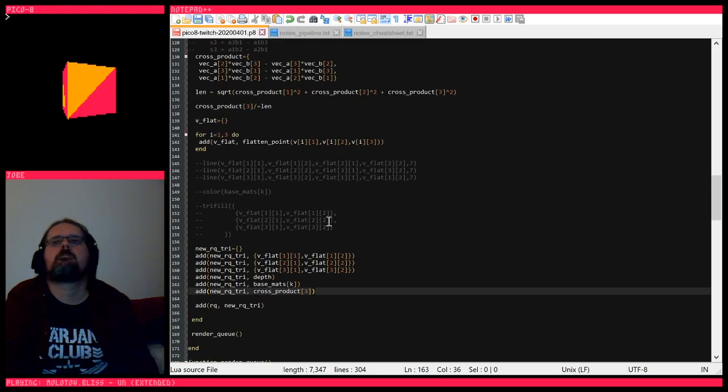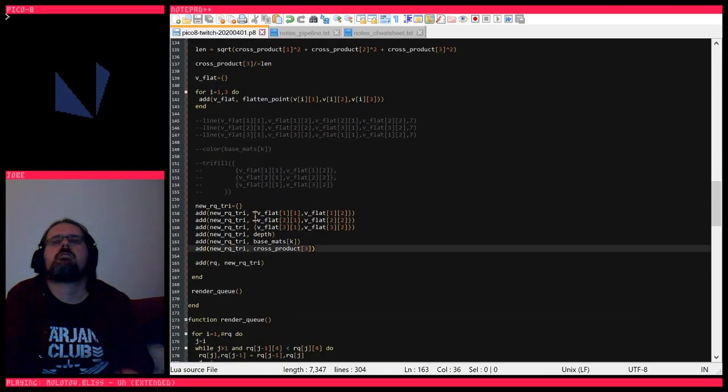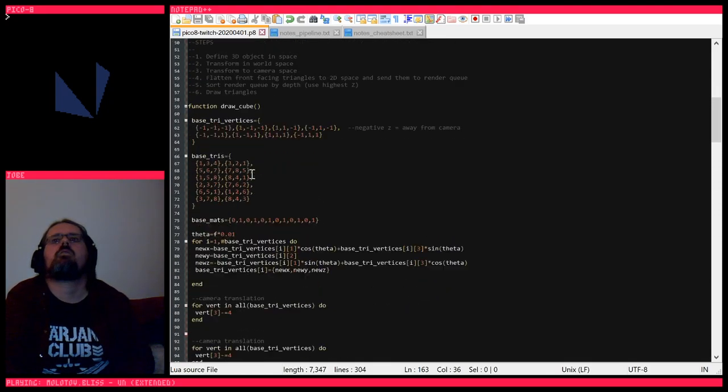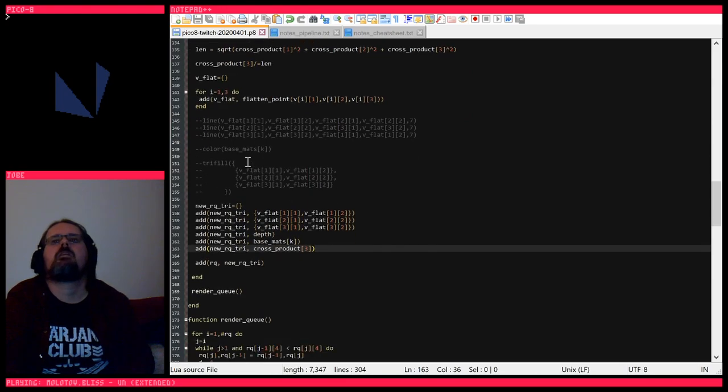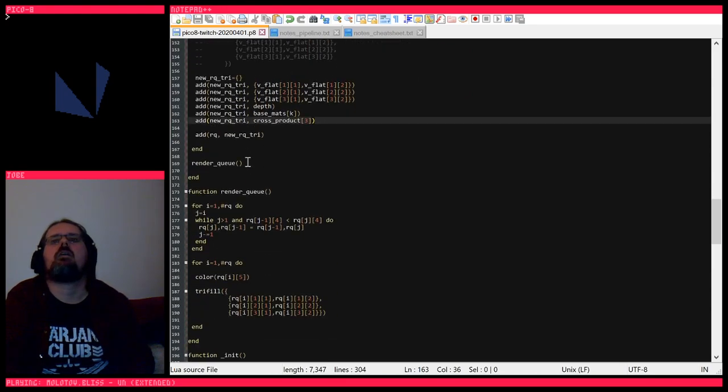Okay. Now let's see. It runs, of course, now it uses 0 and 1 as the colors, but now we should have the normal there. And let's test if they're facing the right way.